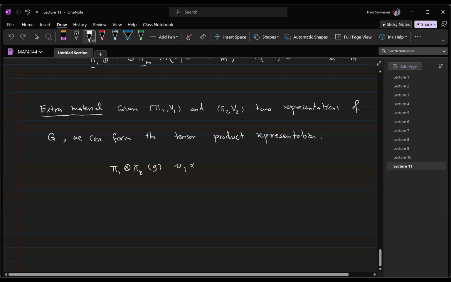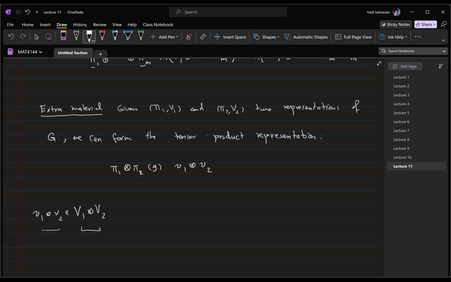It's enough to describe what it does to a pure tensor, since not every vector in this tensor product is of this form. We have the tensor product vector space V1 tensor V2. The elements here are linear combinations of pure tensors, but these span the tensor product, so it's enough to describe the action on the spanning set and then extend linearly.